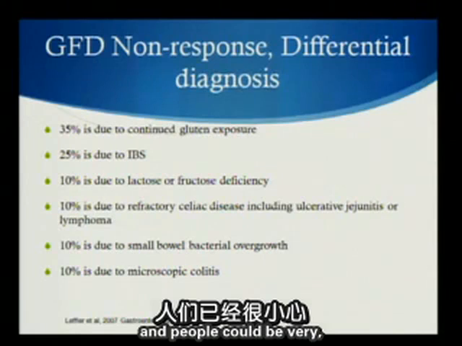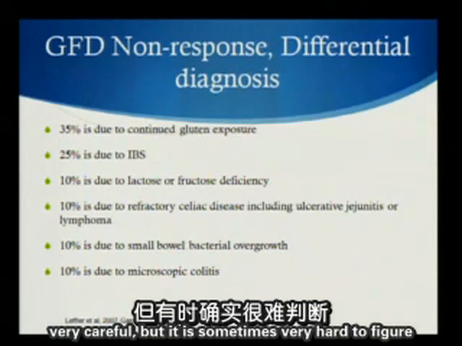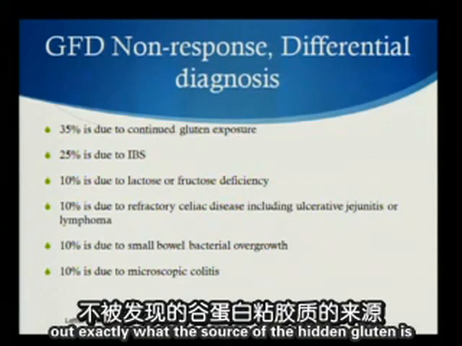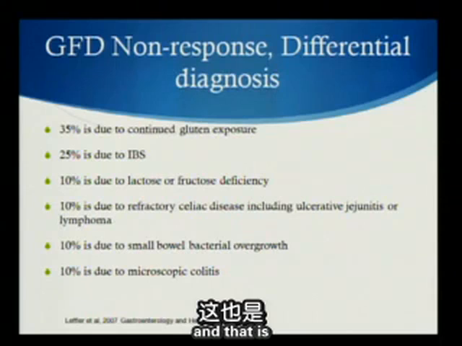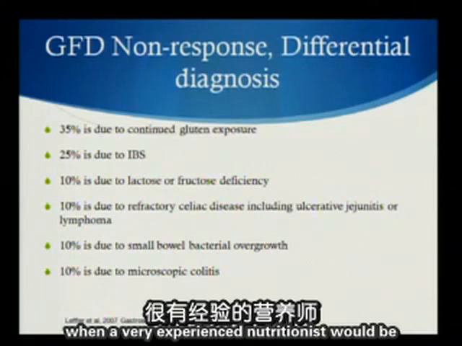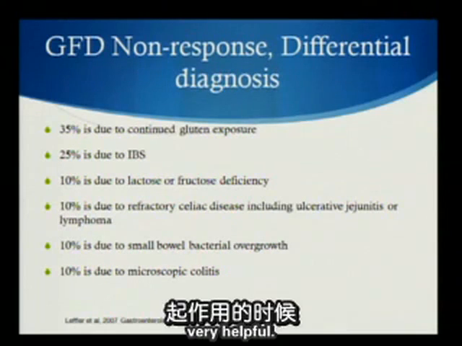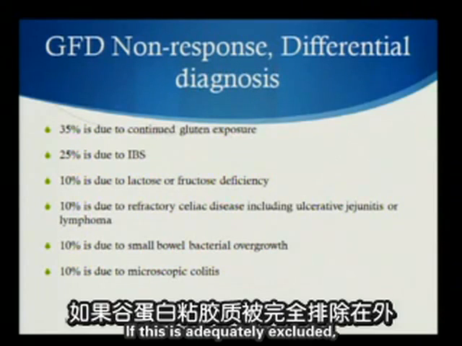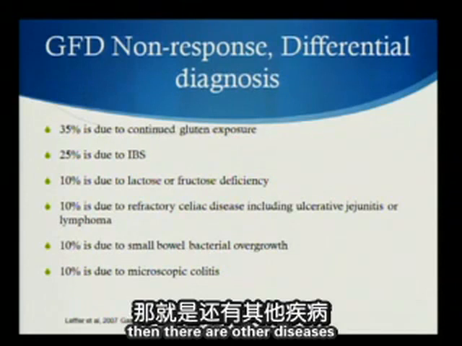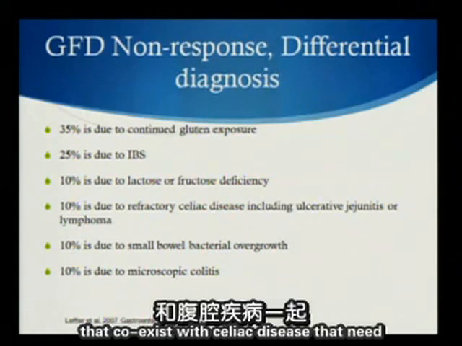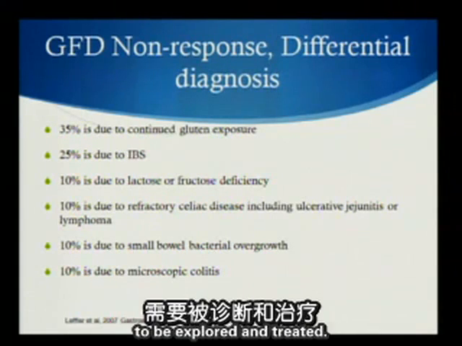People could be very, very careful, but it's sometimes very hard to figure out exactly what the source of the hidden gluten is. And that's when a very experienced nutritionist would be very helpful. If this is adequately excluded, then there are other diseases that could coexist with celiac disease that need to be explored and treated.